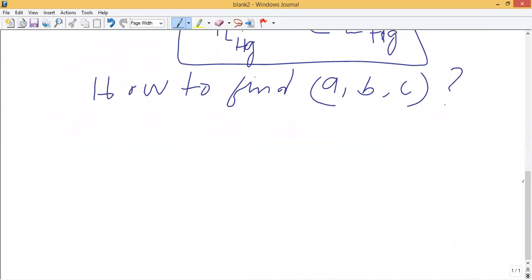So to find these constants, we have to define or assign a value that is known as the triple point temperature, that is 273.16 Kelvin.